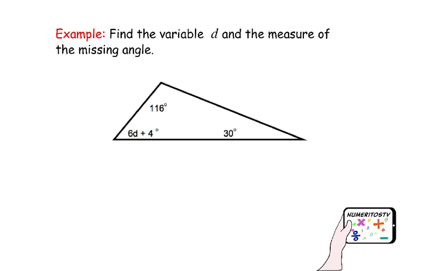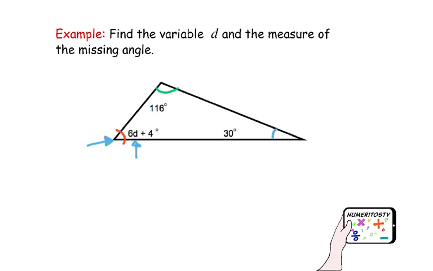What about this triangle? I have angle 6D plus 4, angle 116, and this one in the corner is 30. I need to find variable D and the measure of the missing angle. That is going to be this angle. So I know that the sum of these three angles must be equal to 180.